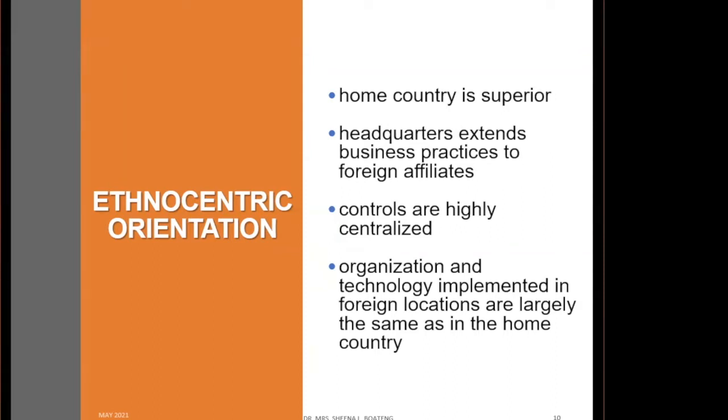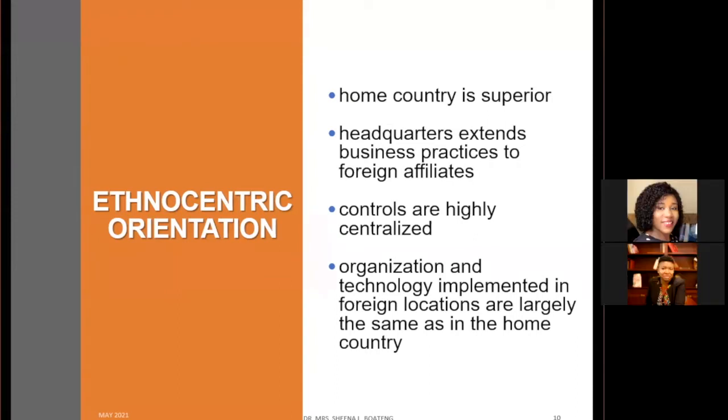One typical reason I can give you is cultural orientation, which we will also learn about in our next session. Has anyone heard of Hofstede's cultural dimensions? Yes, we do. Cultural orientation has a huge role to play when it comes to ethnocentric orientation.